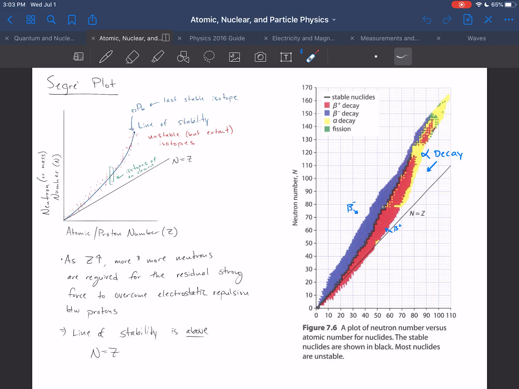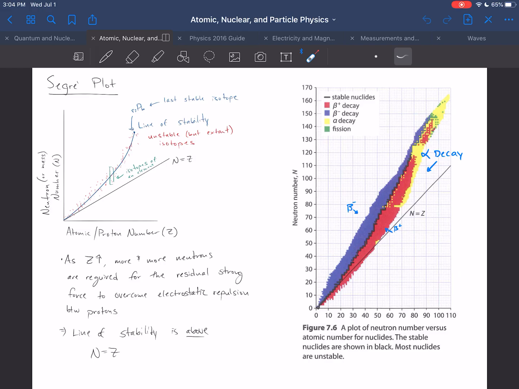And so there comes to be a point where in order to bind all the protons together, you would need so many neutrons that those neutrons themselves are not stable enough to hold up. And that's why there's a ceiling on the stable nuclides. The neutrons also in some ways depend on the protons to keep them stable. So there's a sweet spot of stable nuclei that eventually falls apart if things get too big.